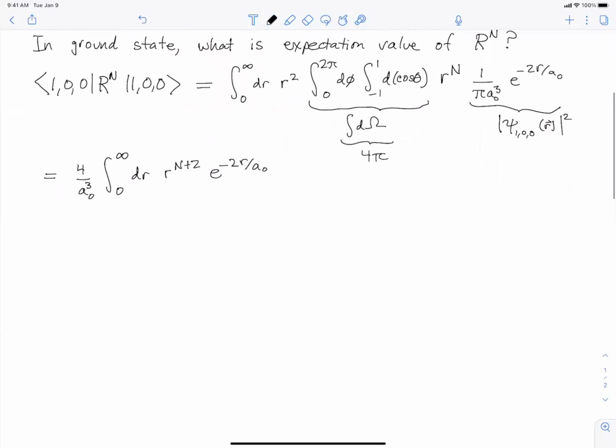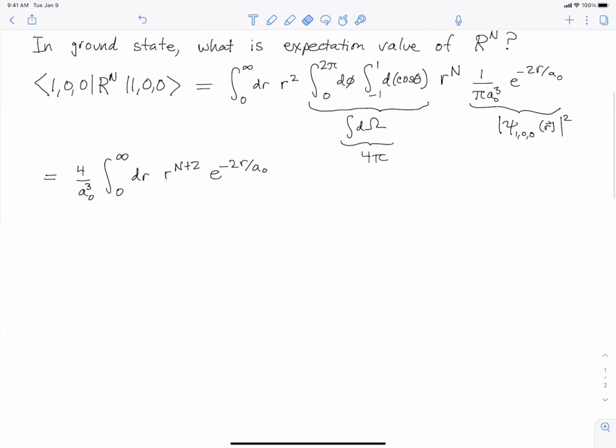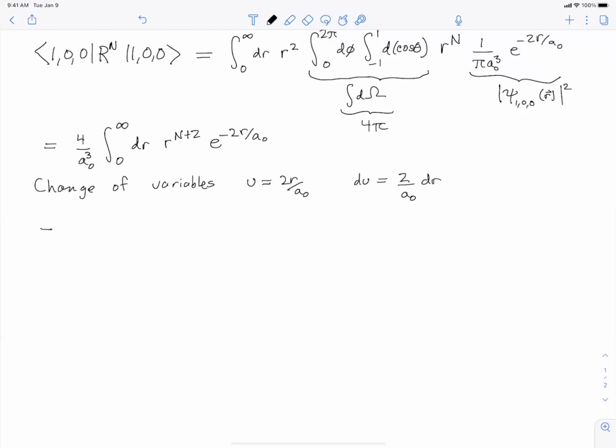Okay, and then to do this integral, what we can do is a change of variables. Namely, we can write, let u equal 2r over a0, and du is 2 over a0 dr, and just plug those in. So notice what we're doing is we're using a new integration variable that is dimensionless.